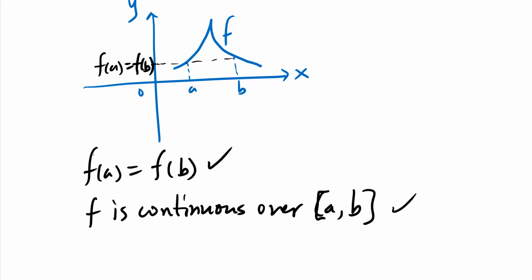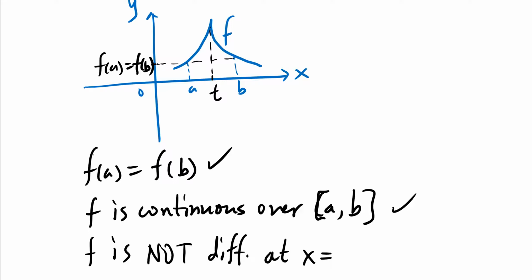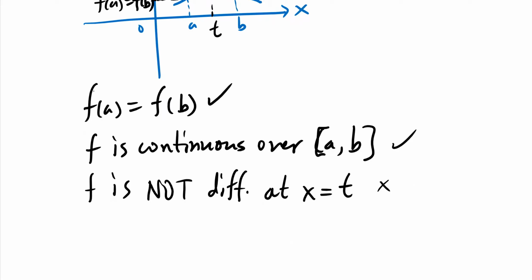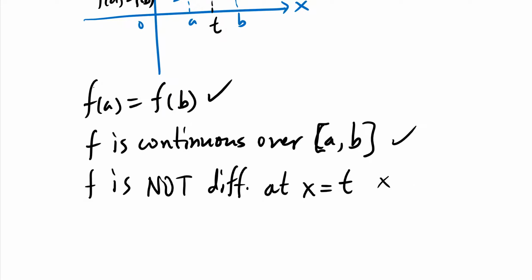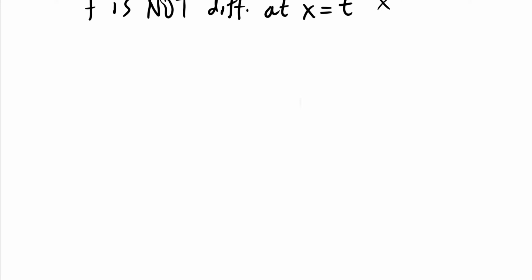But wait, it's not differentiable somewhere between a and b. Let's call this point t. Note f is not differentiable at x equals t. So one of the conditions fails, and hence Rolle's theorem cannot be applied. Let's look at another example.